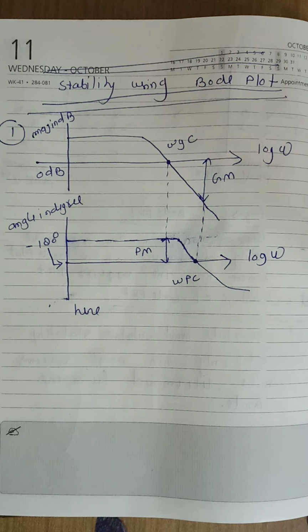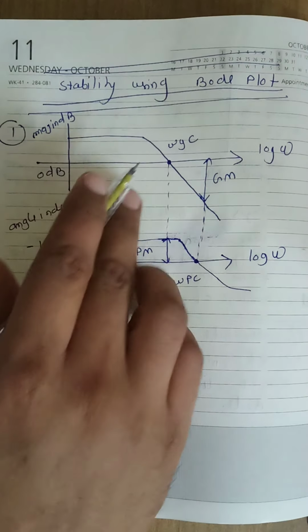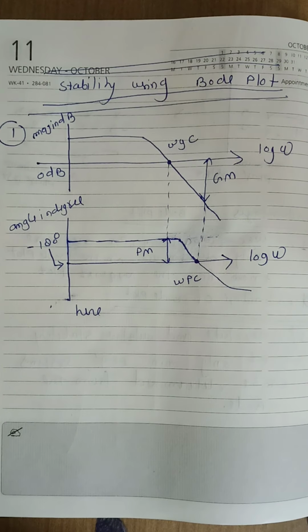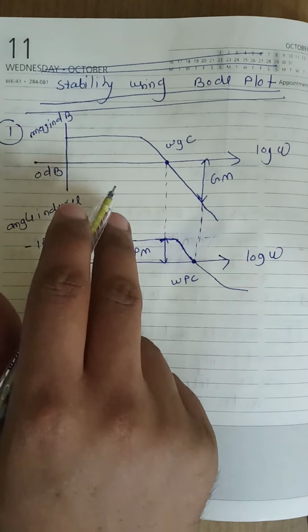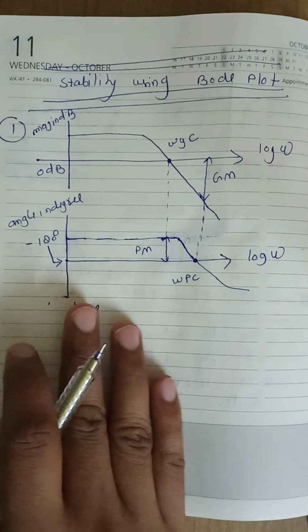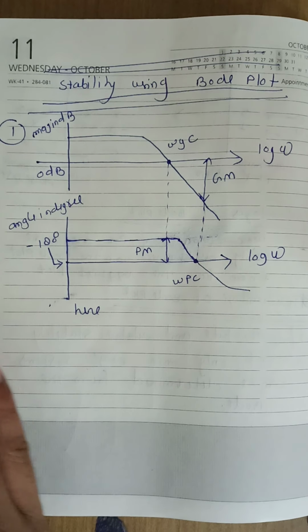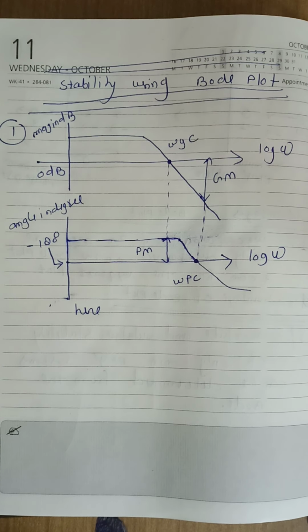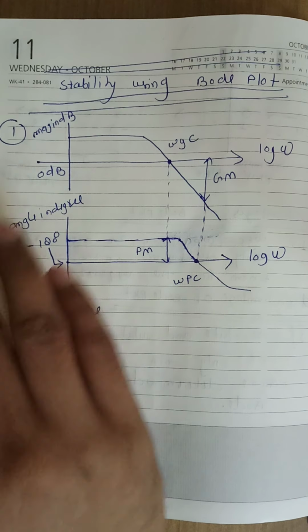Combined, we have the bode plot, because as I already told you, in bode plot we have the magnitude plot and the phase plot.